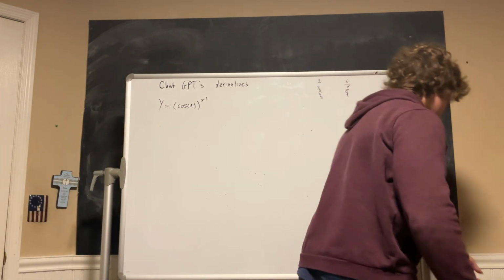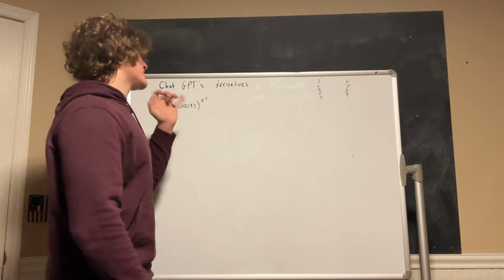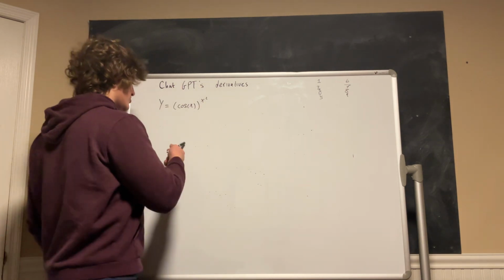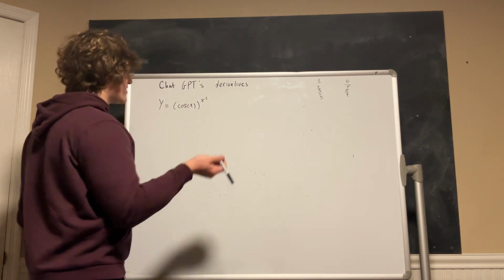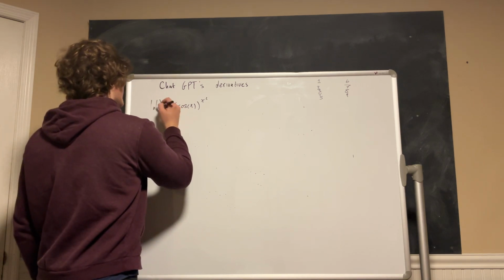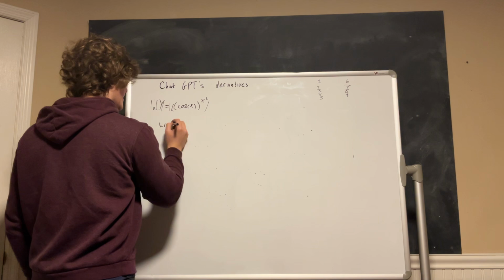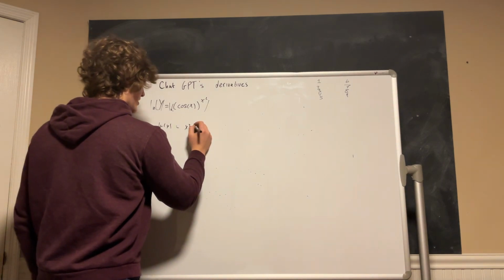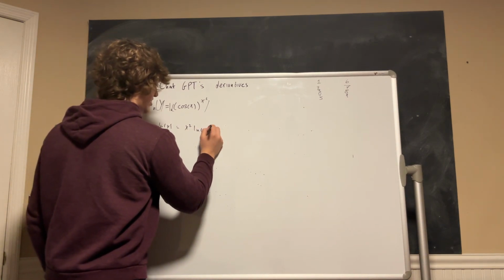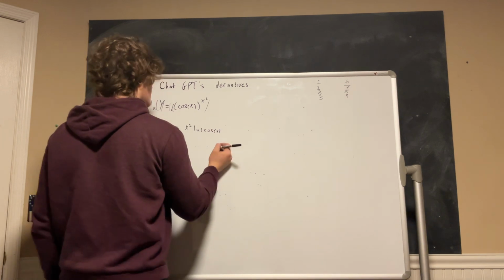So let's begin. First off, when I look at this, I just see a chain rule. So this isn't that bad. However, that's incorrect. You have to do a logarithmic differentiation on this problem. So this gives us ln of y is equal to x squared times the ln of cosine of x.